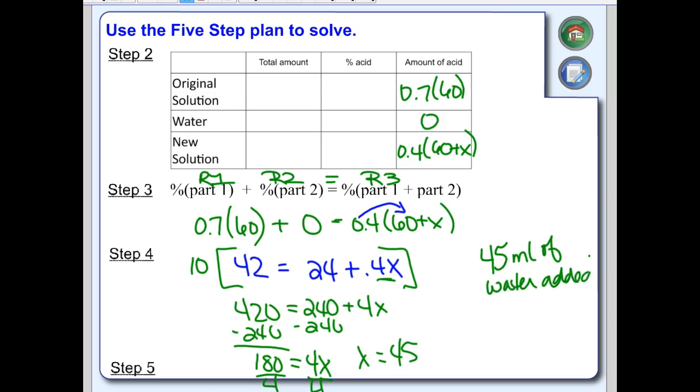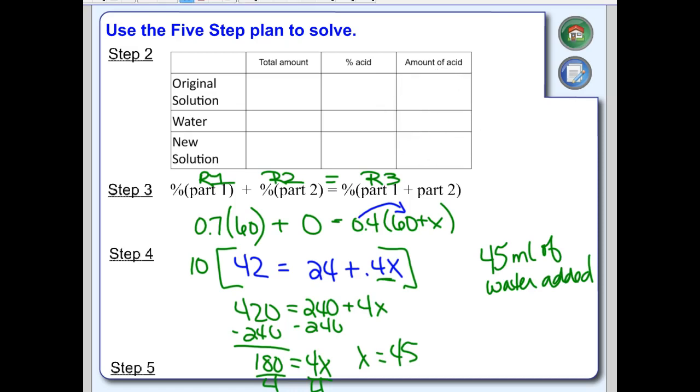Now, I think the math is a little bit easy, but the check is a little bit harder. I'm just going to write it up above. Makes it easier. So let's see what happens with my check.